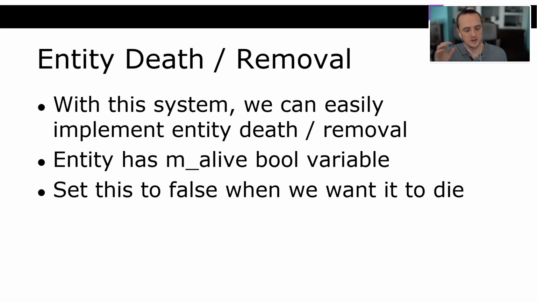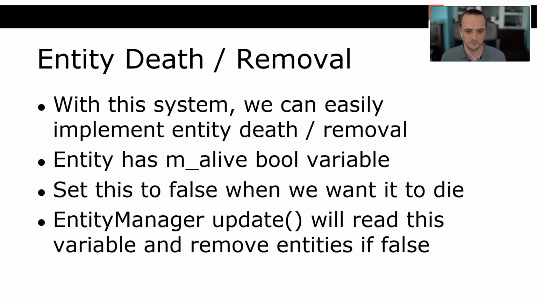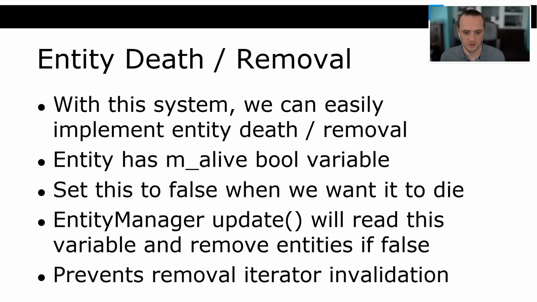Now, there's another step, but from the point of view of the programmer, whenever we want to delete an entity, we set that to false. So, on the next frame, when the entity manager update is called, it will read that variable and remove the entity from the vector if it's false. Pretty easy. And so this is going to prevent removal iterator invalidation.